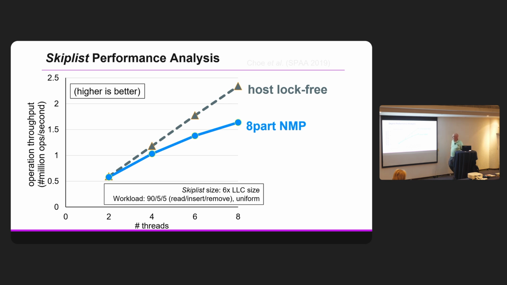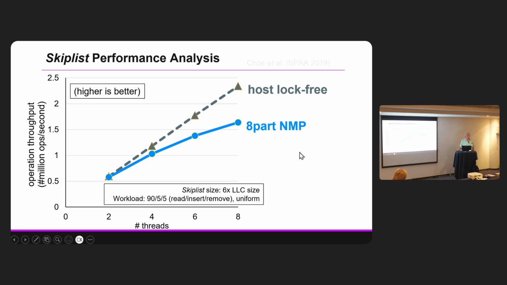Here, skip list size is 6 times the last level cache size. We did some mixture of insert, remove, and lookup. It performed fairly poorly just because of various overhead, all this little friction and sand in the gears that you get when you try to do this for real. It was enough to push this down below the curve, even though in theory it should work fairly well.